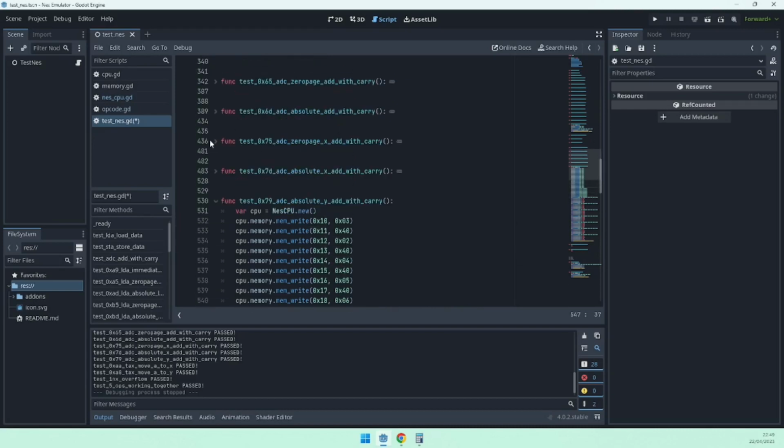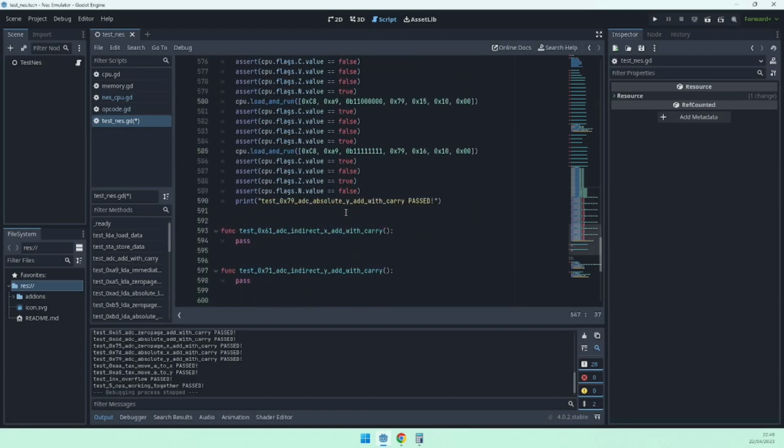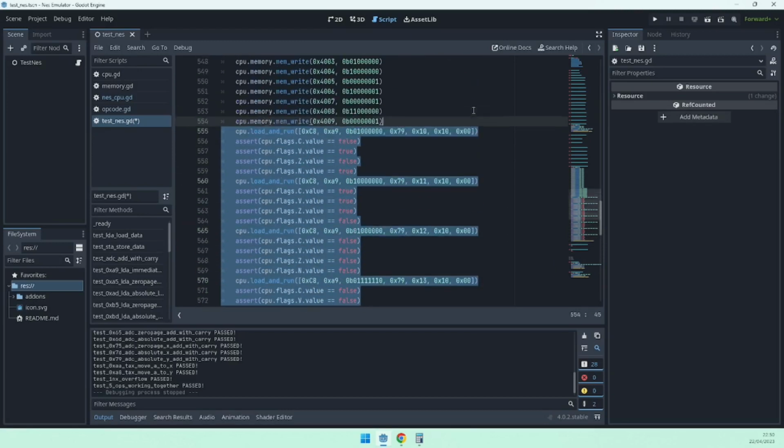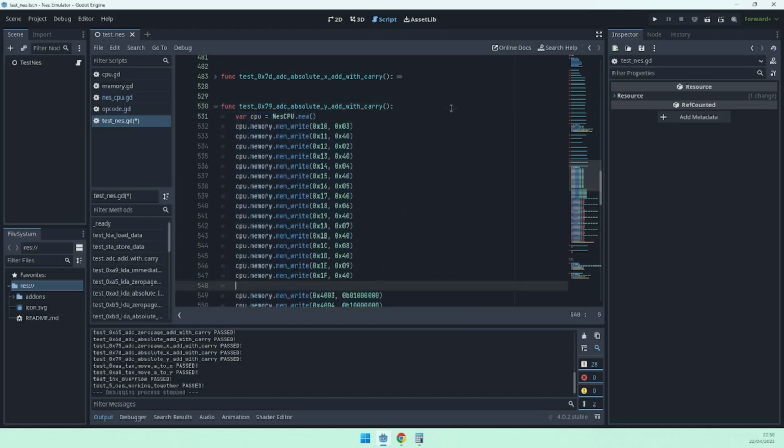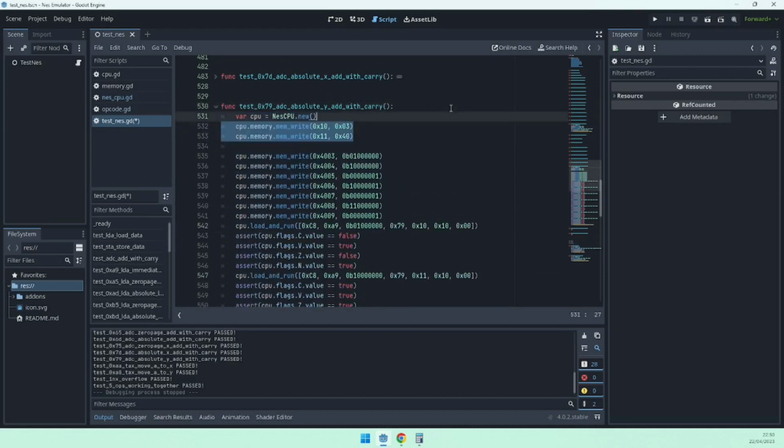So let's see how I increase it X instead of Y. Wait. Oh, I am modifying the wrong one. I have to undo all of this.